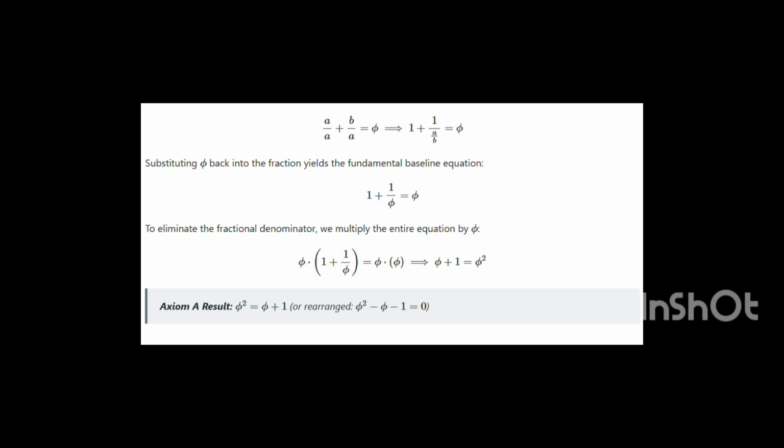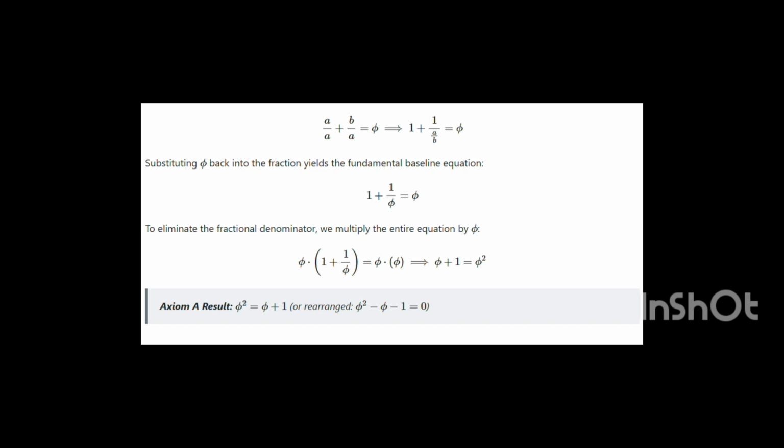Substituting phi back into the fraction, we get 1 plus 1 by phi equals phi, because a by b is also phi. So instead of a by b, we write the quantity phi as the denominator, and the equation becomes 1 plus 1 by phi equals phi.